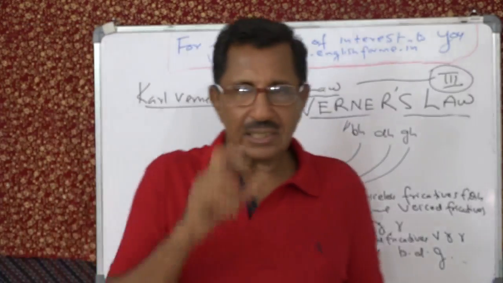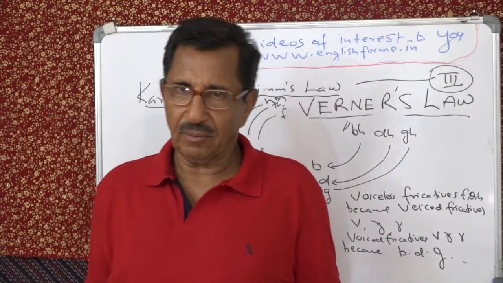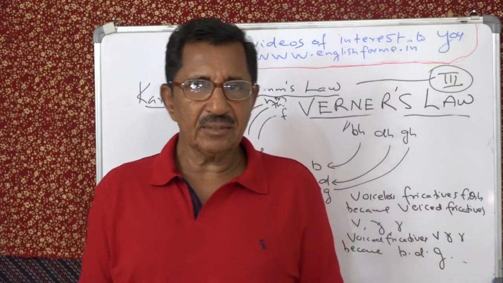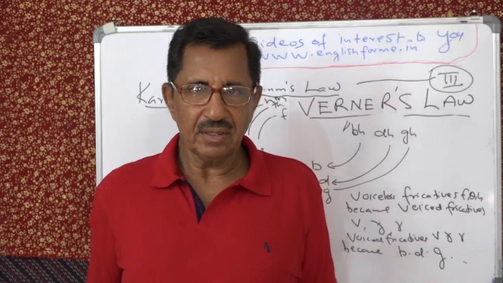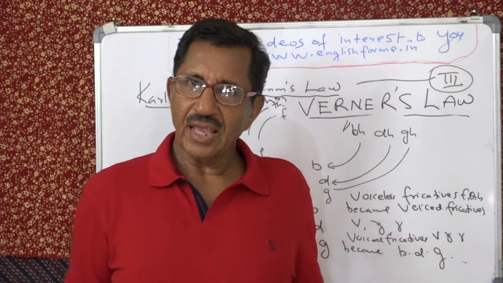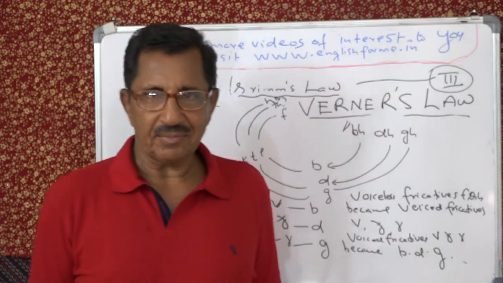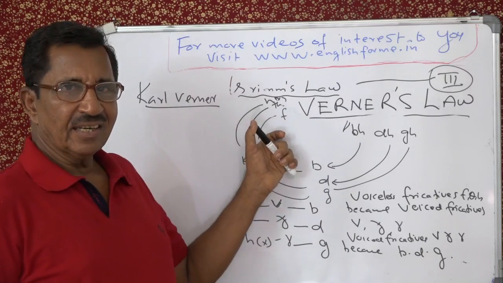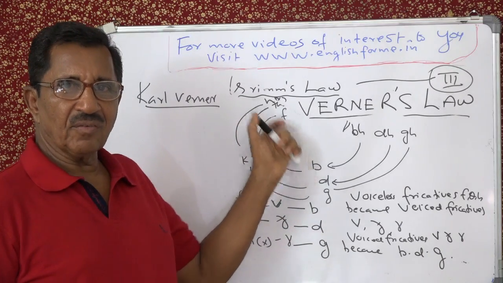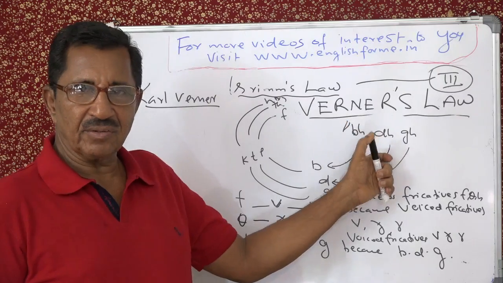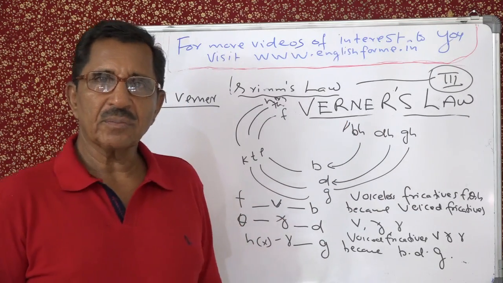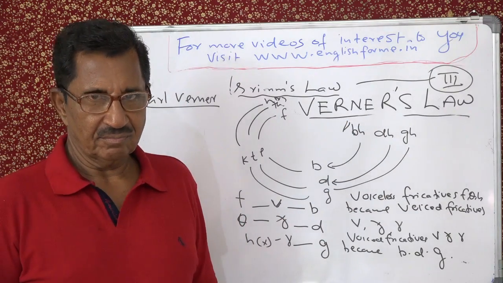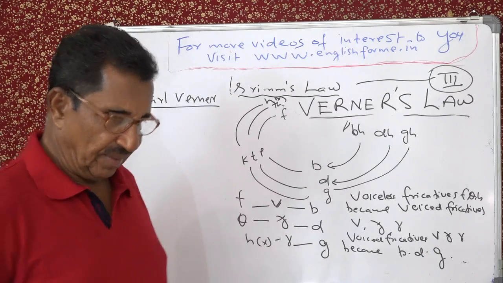The first part is the discrepancies of Grimm's law. There it is said it is because of phonetic environment, which I have already shown by taking modern English examples. And now he says it didn't stop here. These voiceless fricatives became voiced fricatives, and voiced fricatives later became voiced plosives. Look at that. So this is what happened.